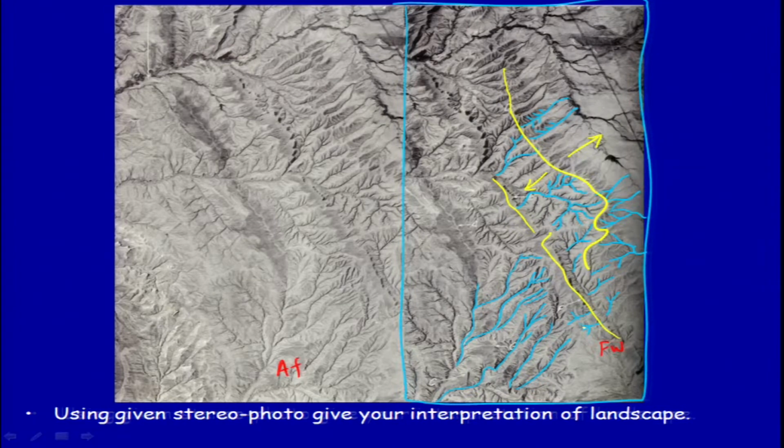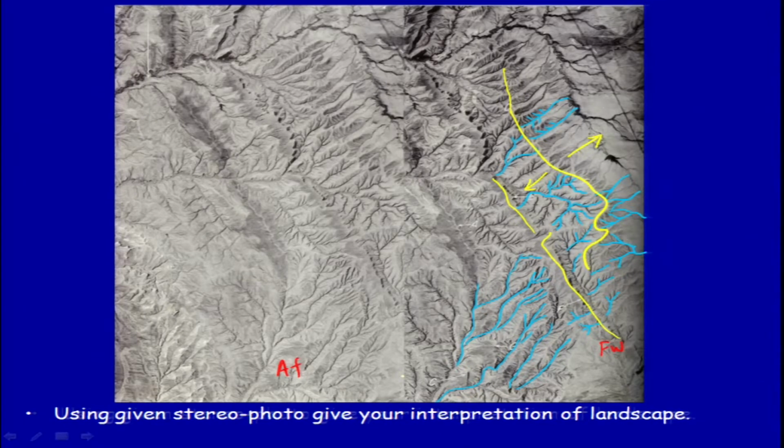But at the same time, you will be able to observe that the pattern of drainage is different here and the pattern of drainage is different here. And also here we have a very sparse drainage. This portion we will cover later on, but at least at this stage you will be able to talk about some sort of hilly terrain which you can see based on the drainage pattern.